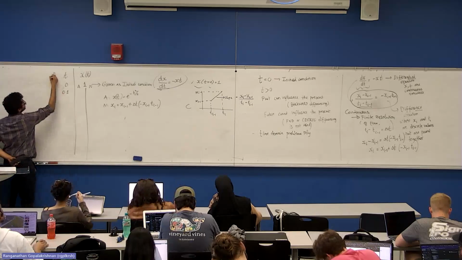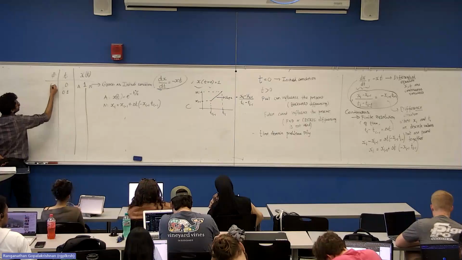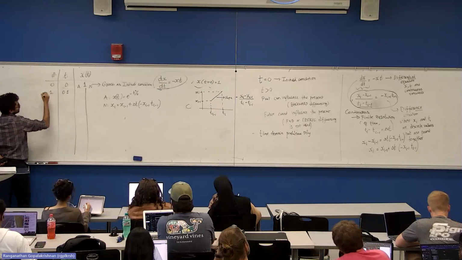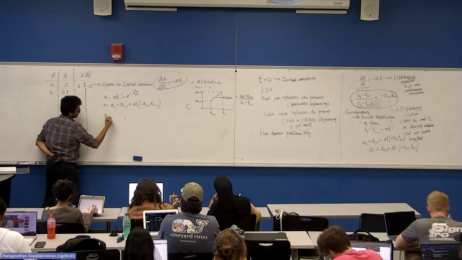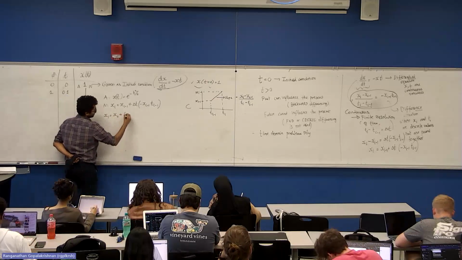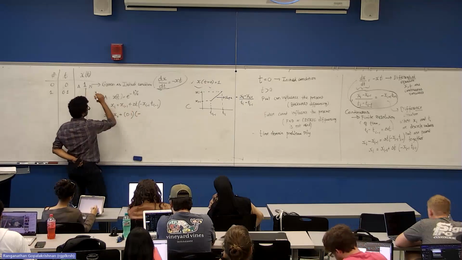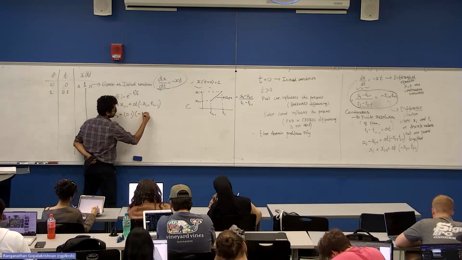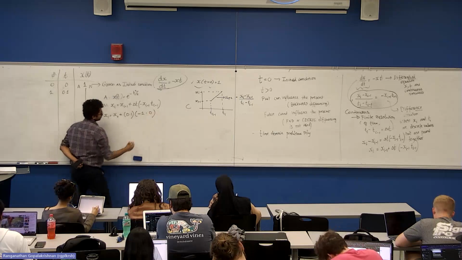And this is iteration number. We'll call this 0. We'll call this first iteration for x1, that is x0 plus delta t being 0.1 times minus xi minus 1 is 1 times ti minus 1 is 0.